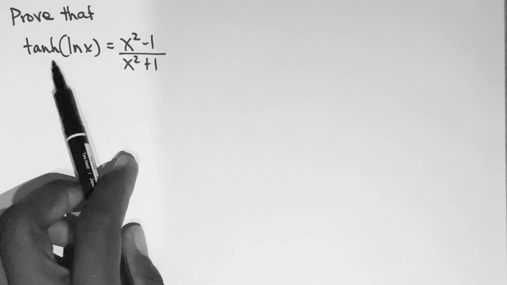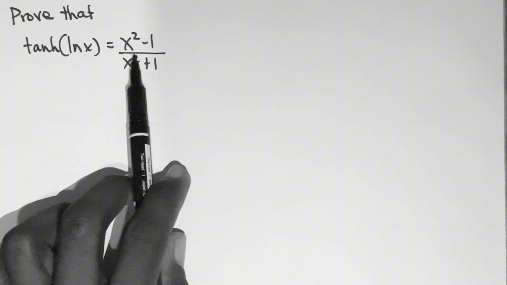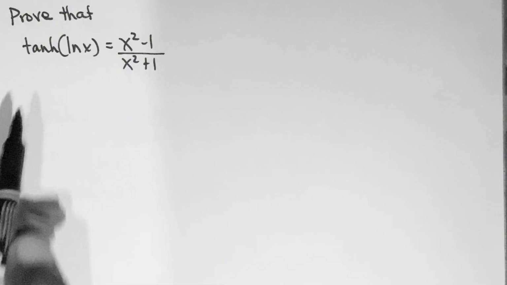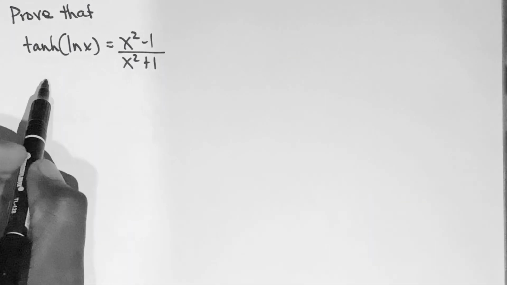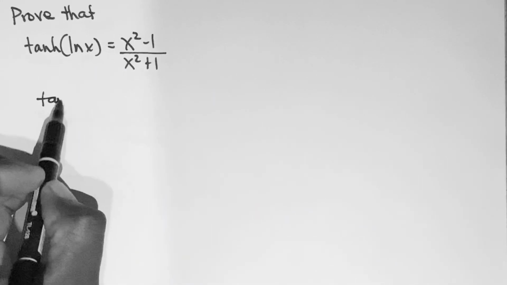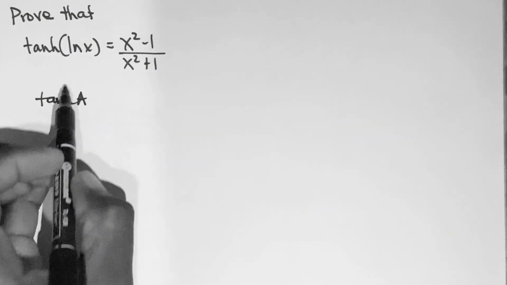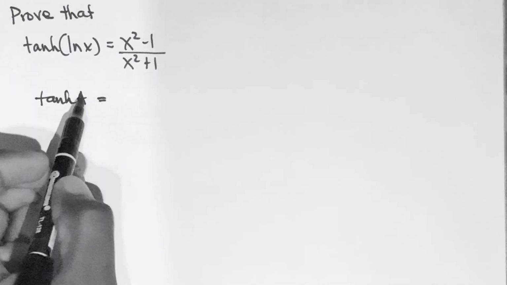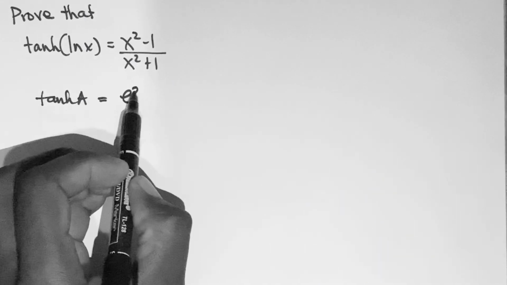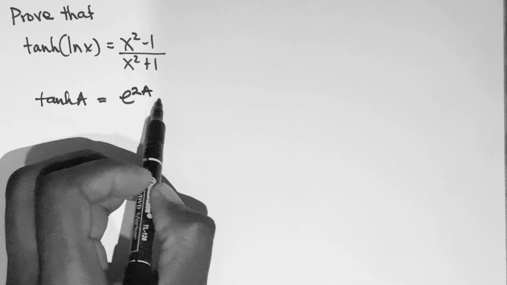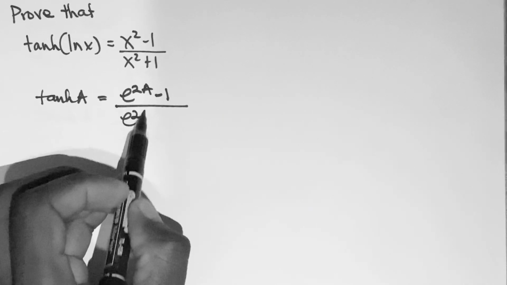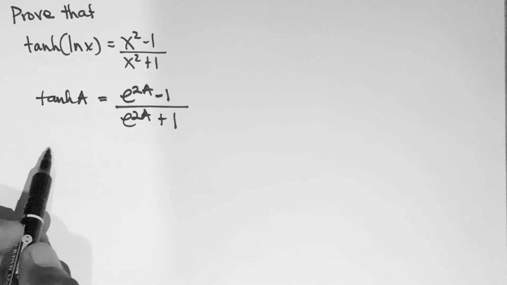Prove that tan ln x is equal to x squared minus 1 divided by x squared plus 1. So we know that by definition, hyperbolic tan a is equal to exponent 2a minus 1 divided by exponent 2a plus 1.